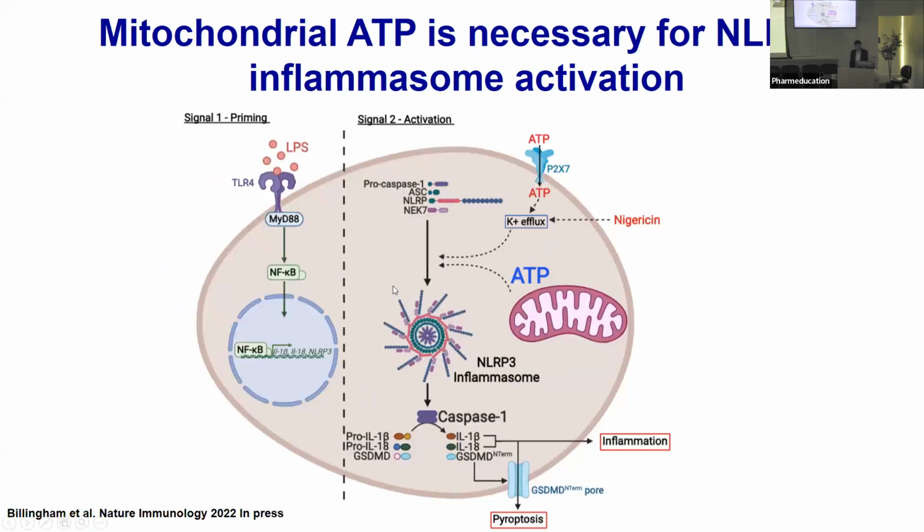And so we think one input, to our surprise, is, we don't think it's ROS. Mitochondrial DNA could clearly be one input, but the other input is just ATP. And I think Michael had a nice paper in Immunity where they alluded to this point, the necessity of mitochondrial ATP for inflammasome activation. And we're linking this also to phosphocreatine levels.